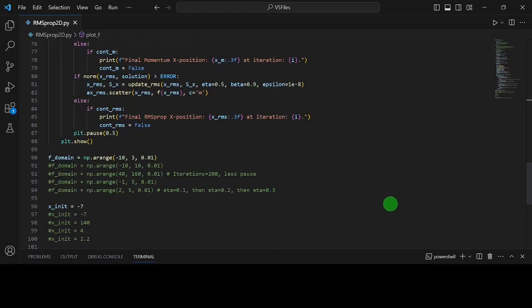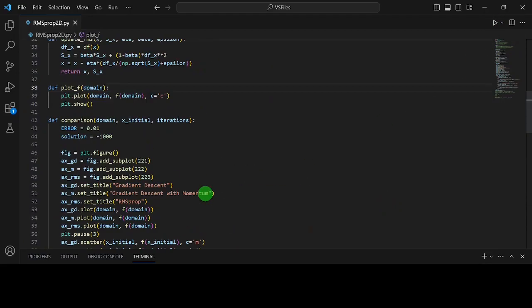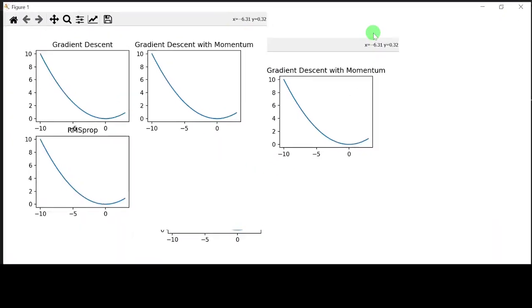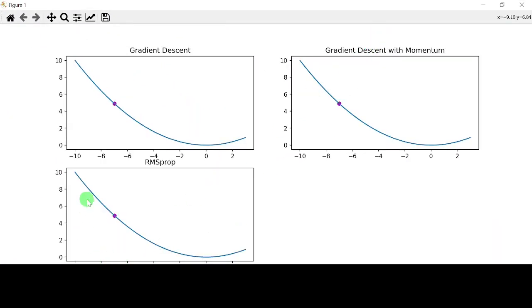Let's look at this. So we'll just run it. This is the first function here. Alright, so we start there where the point is. Let's see what happens. So you can see that gradient descent and RMSprop both perform fairly similarly, but RMSprop does better.